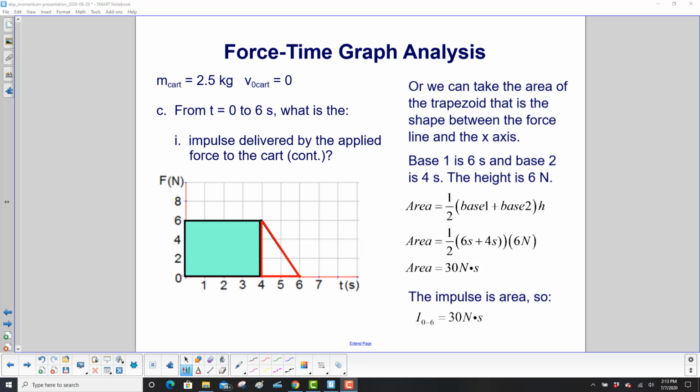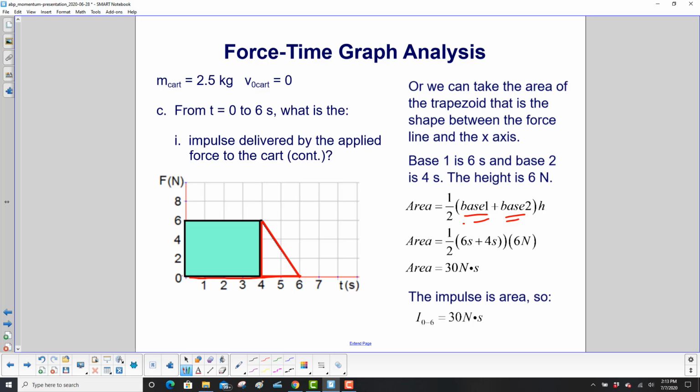But what if you didn't calculate the individual impulses due to the rectangle and the triangle? Well, hopefully, or maybe you didn't. I certainly didn't do this first time. This is a trapezoid. Okay, 1, 2, 3, 4 sides. And the area of a trapezoid is 1/2 times base 1 plus base 2, times the height.